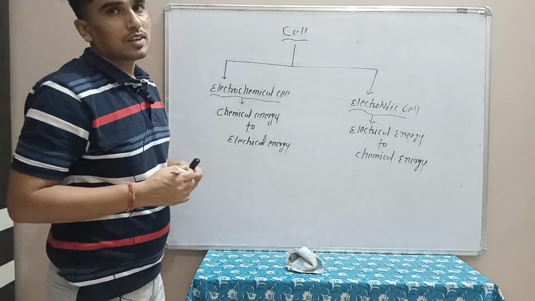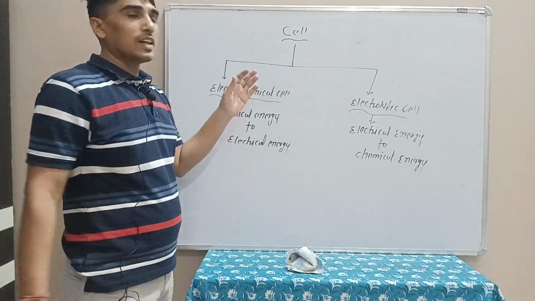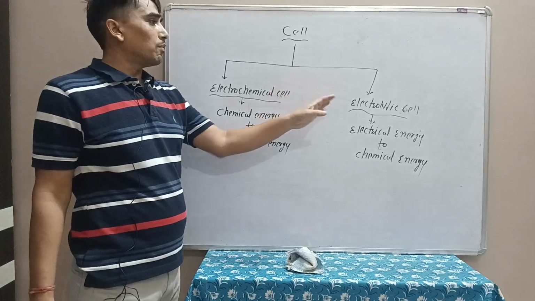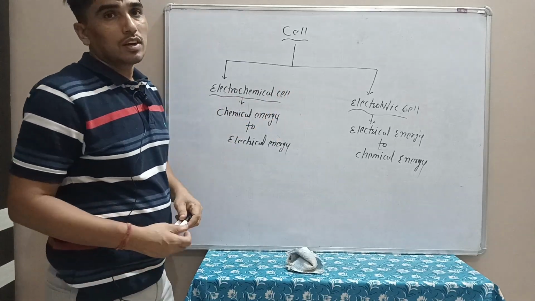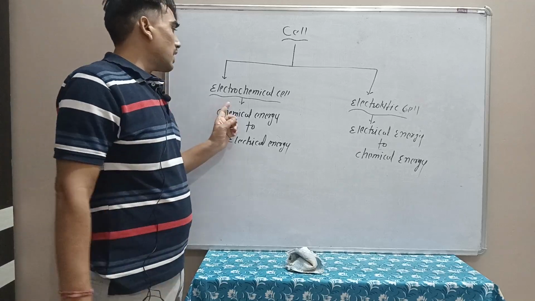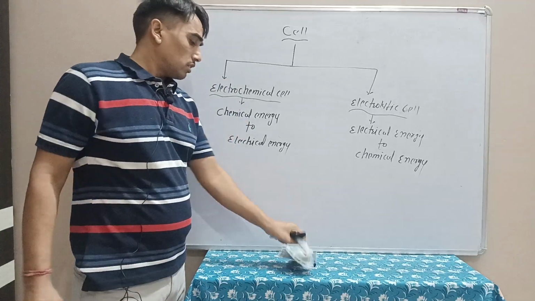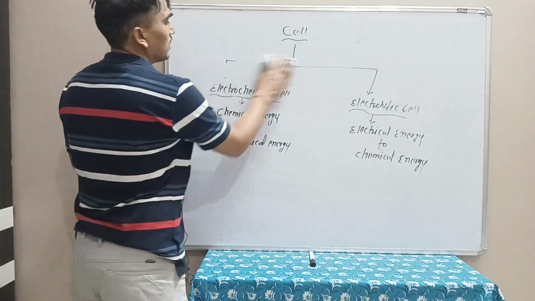Now we understand what the categories of cells are: electrochemical cells and electrolytic cells. And today our topic is electrochemical cells. Then we start electrochemical cells.